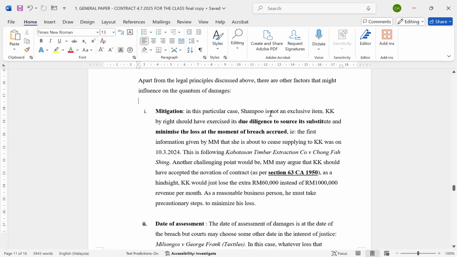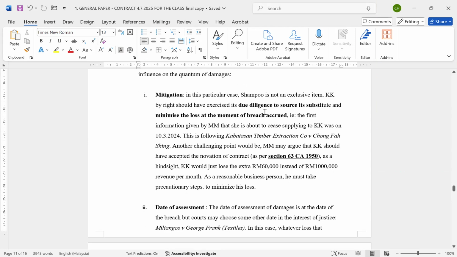Okay, you see, in this particular case, the shampoo itself is not an exclusive item, isn't it? You can get sources elsewhere. So by right, KK should have exercised its due diligence to source its substitute or replacement and to minimize the loss at the moment the breach occurred.